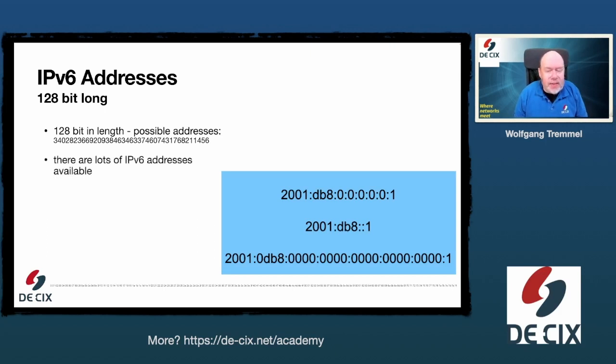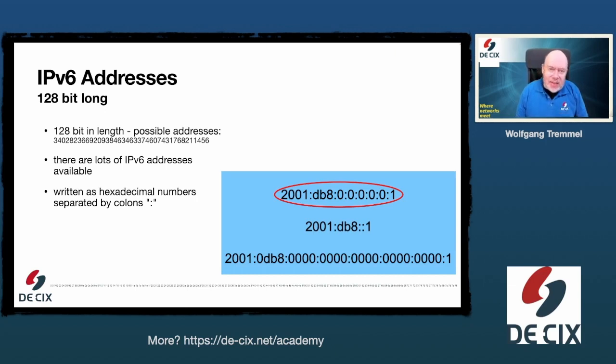And the writing is a little bit different than IPv4. They are written as hexadecimal numbers separated by colons. So hexadecimal numbers are numbers 0 to 9 and also letters A to F. And the addresses are, of course, a lot longer, which makes them quite hard to read out in a presentation.